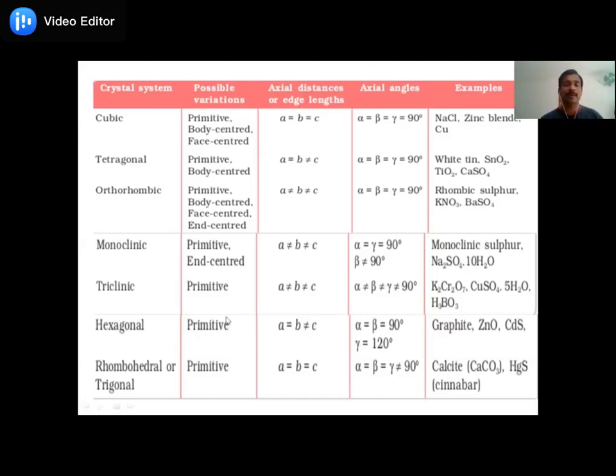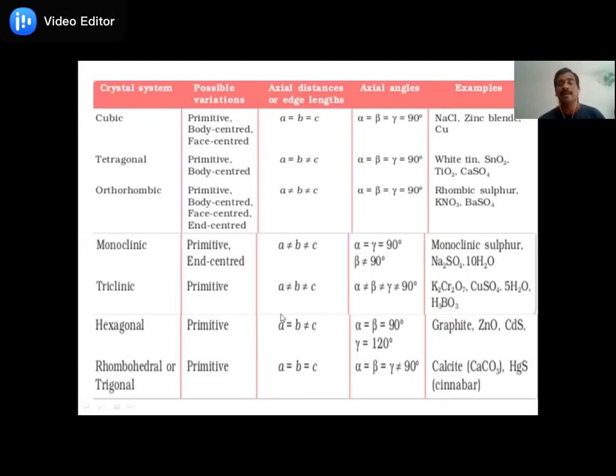The next one is hexagonal. Graphite is an example. You know the properties of a hexagon. The edge lengths are equal, but the angle is 120.